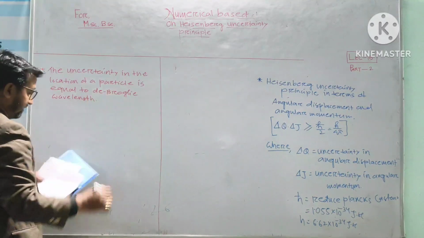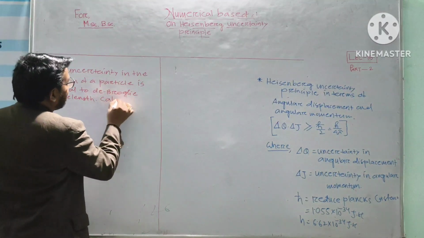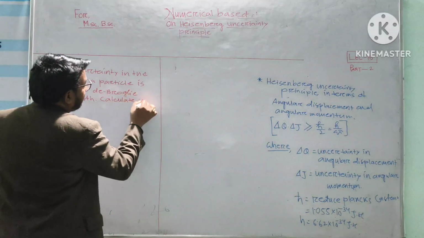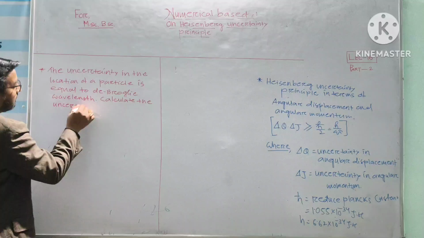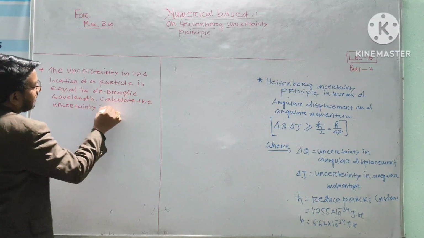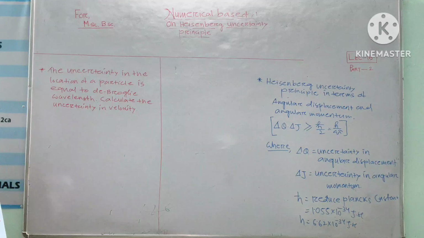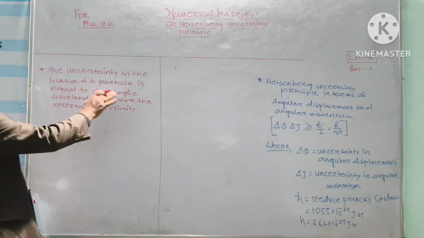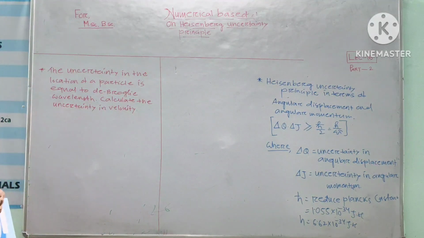Calculate the uncertainty in velocity. So this is our first numerical problem. The statement of this problem: the uncertainty in the location of a particle is equal to the de Broglie wavelength. Calculate the uncertainty in velocity. Now we are going to solve this problem.